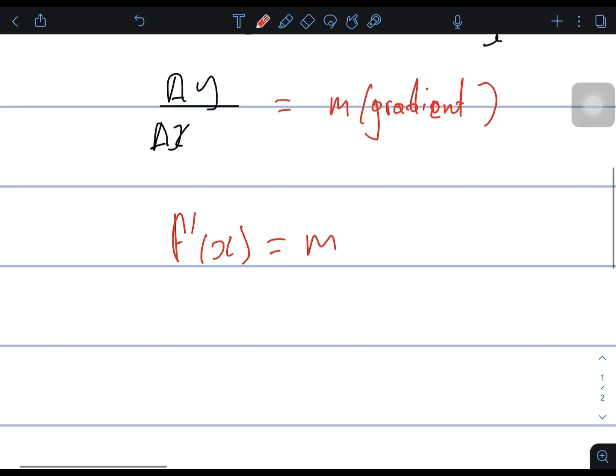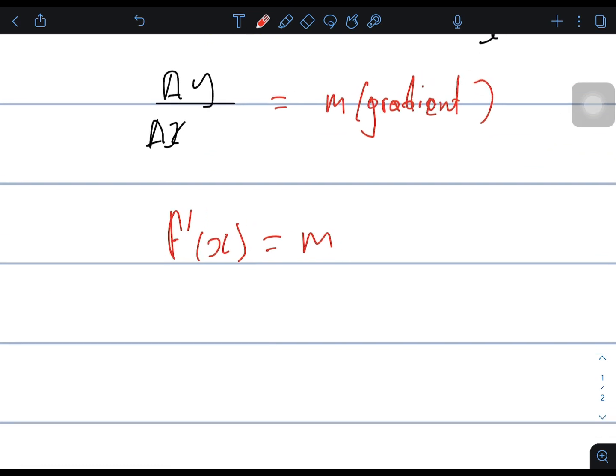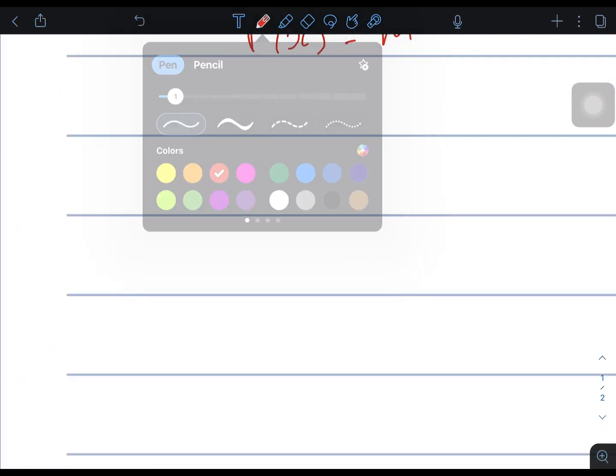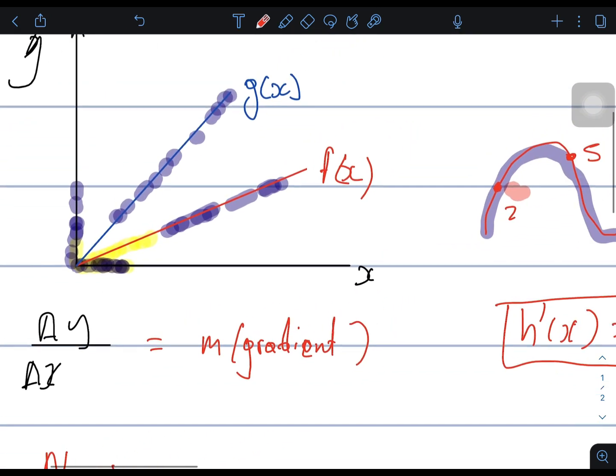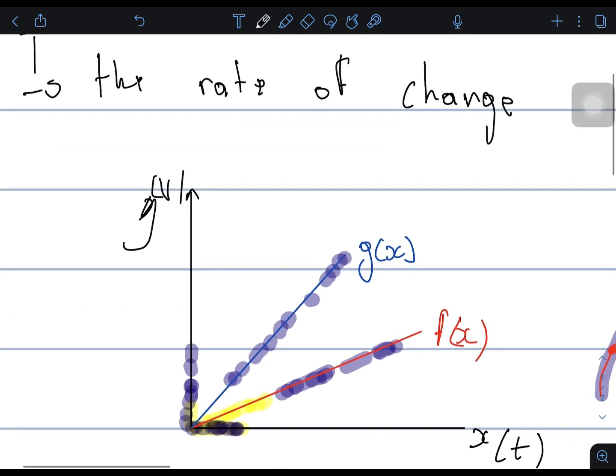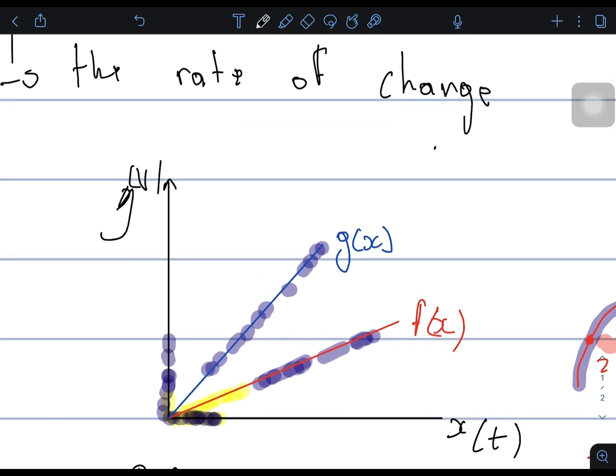I'm making an example. So differentiation allows us to calculate the gradient of any function. For example, a more practical way of learning: let's say x was the time and y was the velocity.